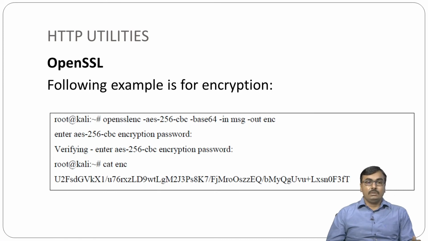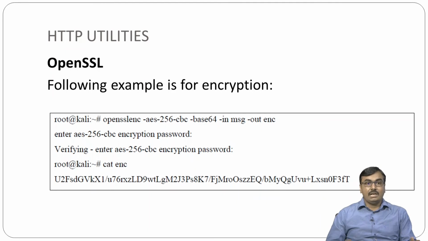The next one is cat enc. I have displayed this file, which is the output file of the OpenSSL command, by performing the cat command. Now you can see it is not a plain text file, it is an encrypted file.